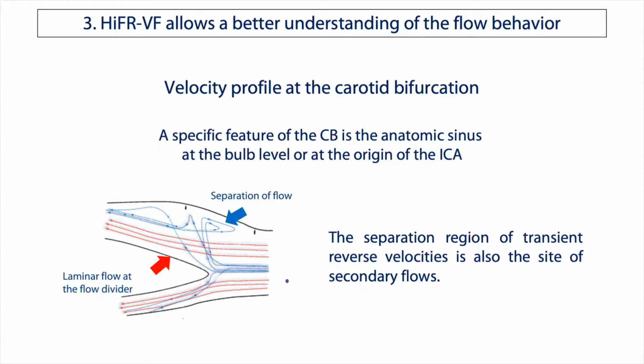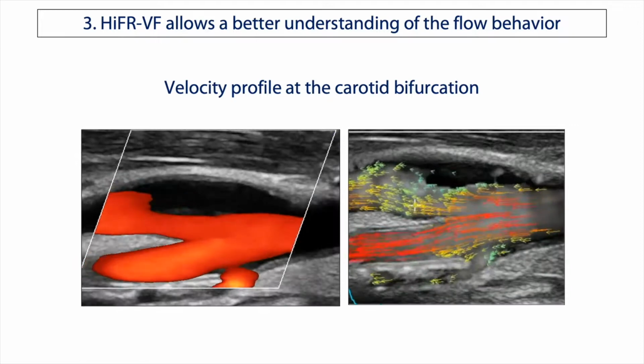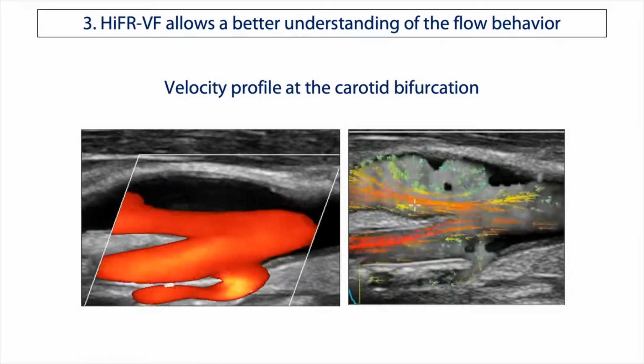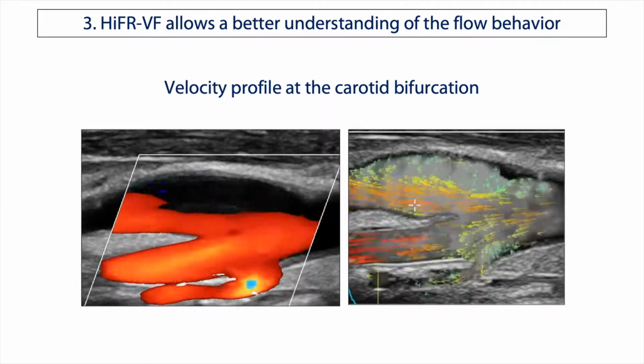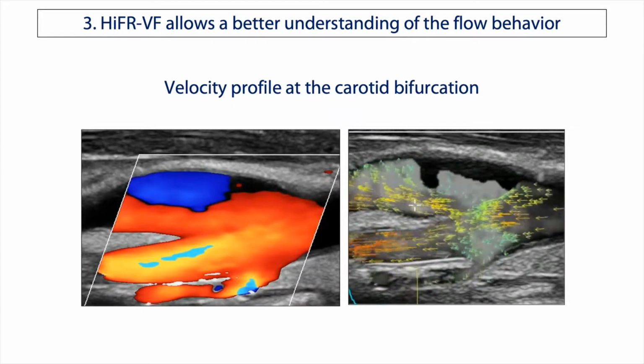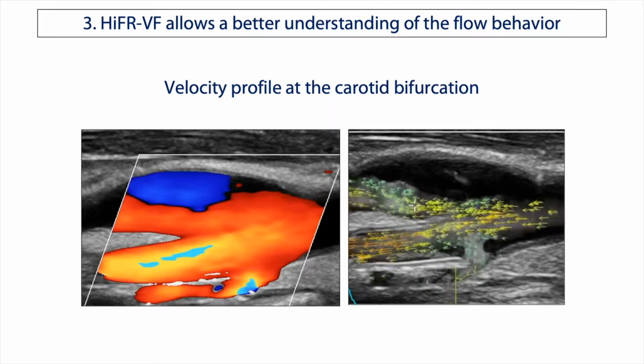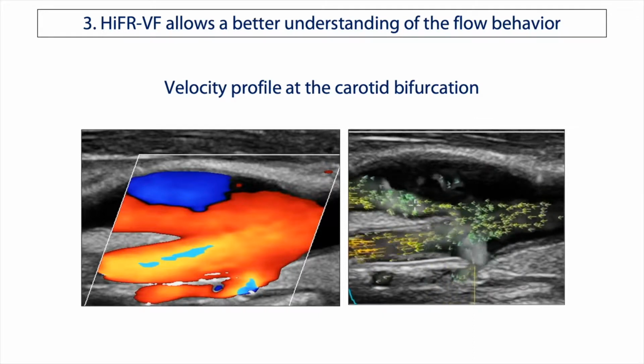On the outer side of the vessel, inside a separation zone, highlighted by the blue arrow, a secondary flow develops. Color Doppler highlights the separation zone in a basic blue color. Vector flow, on the other hand, is able to depict the actual movement of the flow layers.